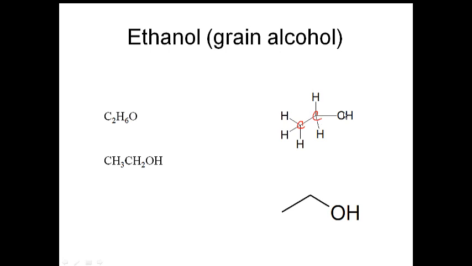If I put two carbons in here and I put the lone pairs on the oxygen, I in essence have a Lewis dot structure. It tells me that these three hydrogens are attached to that carbon. There's a carbon-carbon bond, a carbon-oxygen bond, two lone pairs on the oxygen, and then the oxygen is attached to one hydrogen. This is, in essence, what we've been drawing as Lewis dot structures.